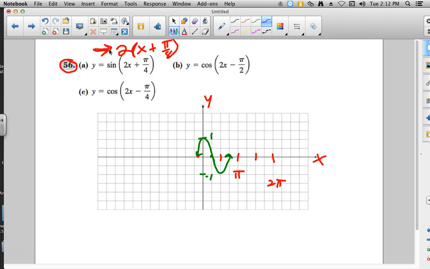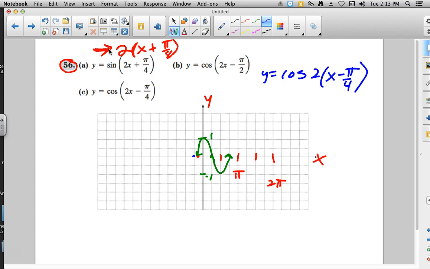Well, I take a look at B, and I see this is going to be y equals the cosine of 2 times x minus pi over 4, because again, if we factor the 2 out, it really would have the same effect as dividing by 2, which is going to be multiplying by 1/2. So pi over 2 times 1/2 is going to be pi over 4. So this was my little pi over 8, and I'm going to go to pi over 4 over here.